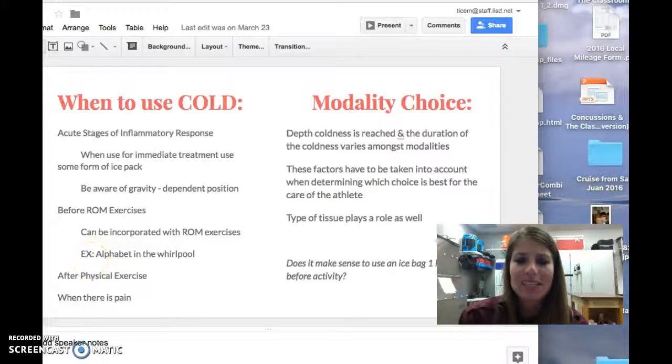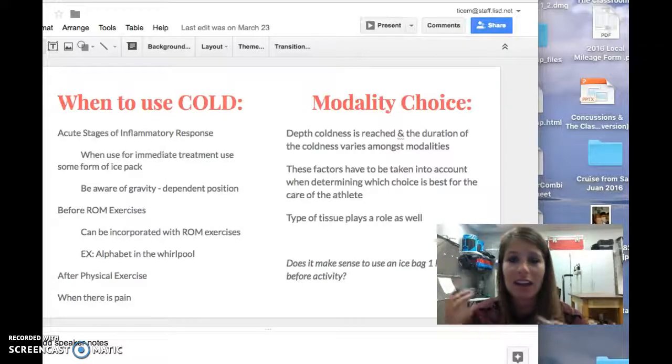So our example that we see here is doing the alphabet with our ankle in the whirlpool. They are still experiencing that cold modality and have all the benefits of that, but they're also doing range of motion exercises at the same time. We also see it most commonly after any type of physical activity, and when there's pain. Pain is always going to be an indicator for ice.